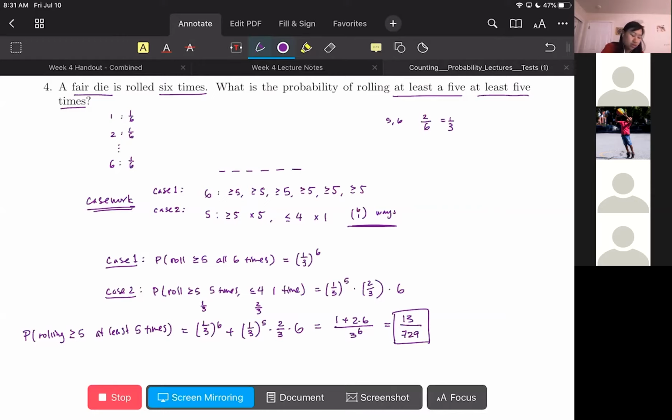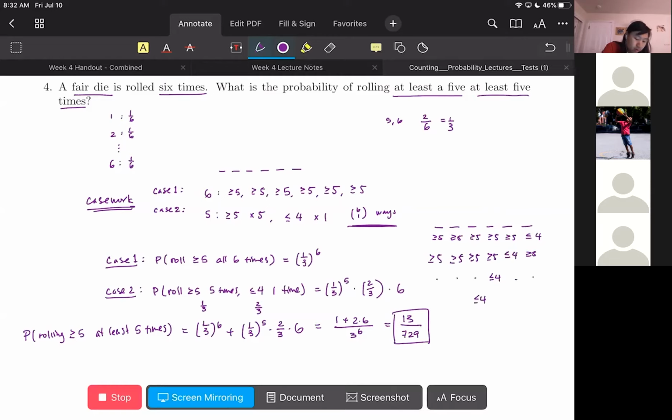For case 2, you could think about it in some cases. For your 6 rolls, you could have greater than or equal to 5, greater than or equal to 5, and then the last one could be less than or equal to 4. Or you have the same, but the second to last one is less than or equal to 4. Or maybe this one's less than or equal to 4, and these are the same.